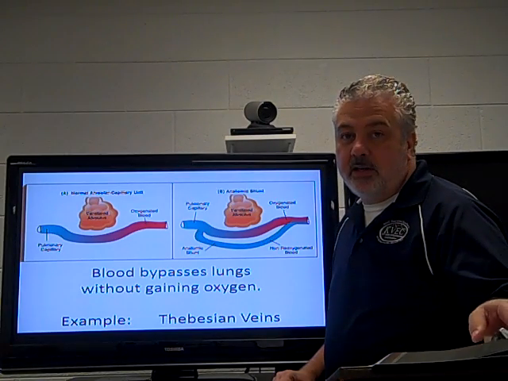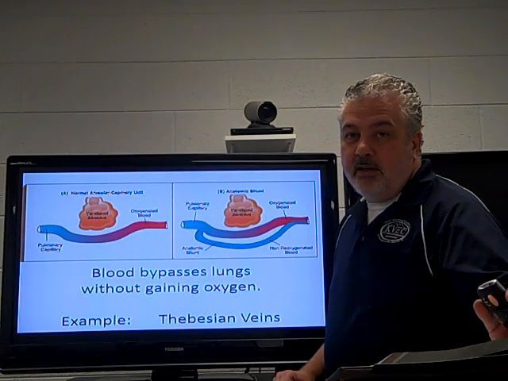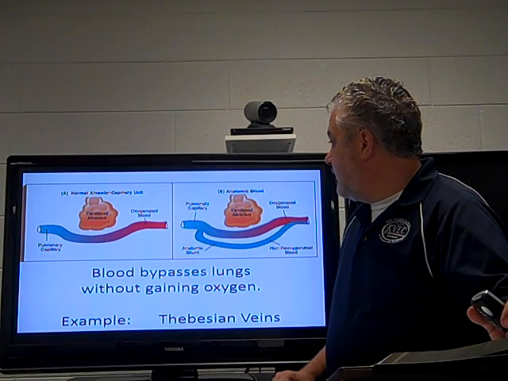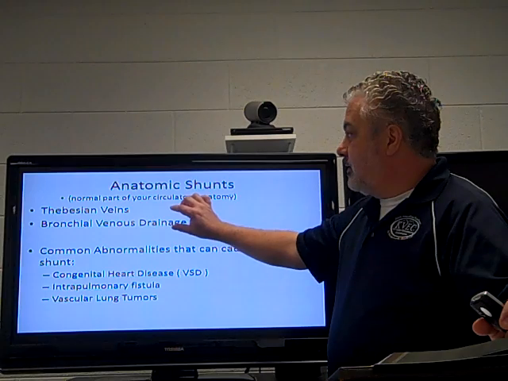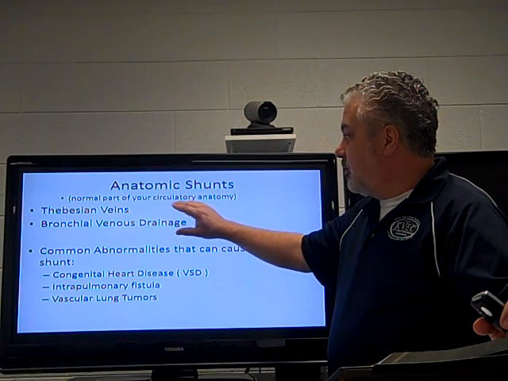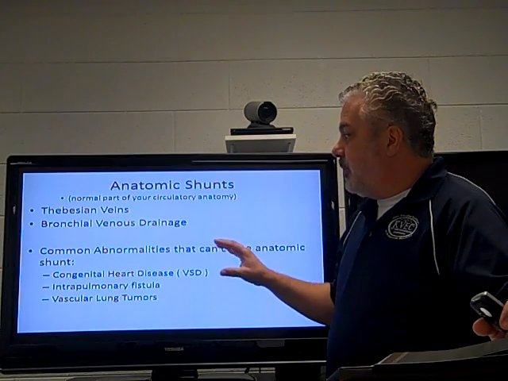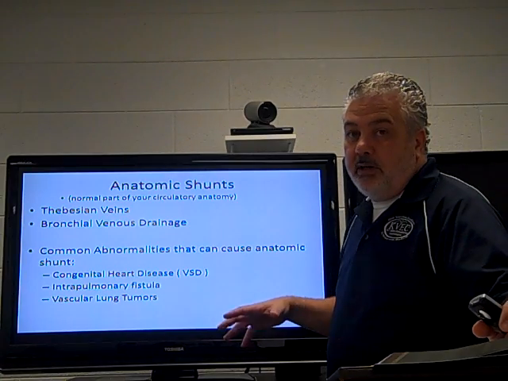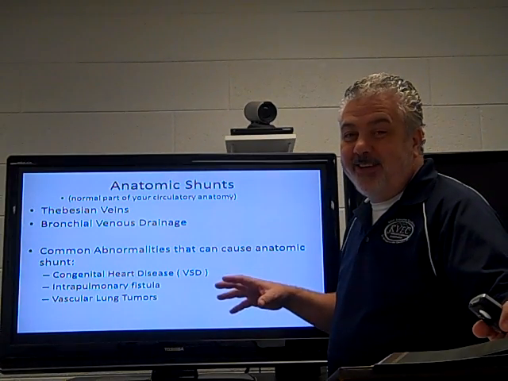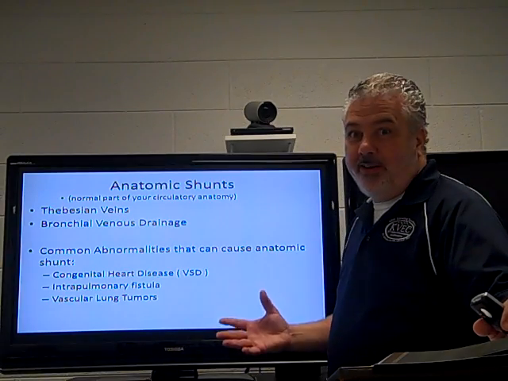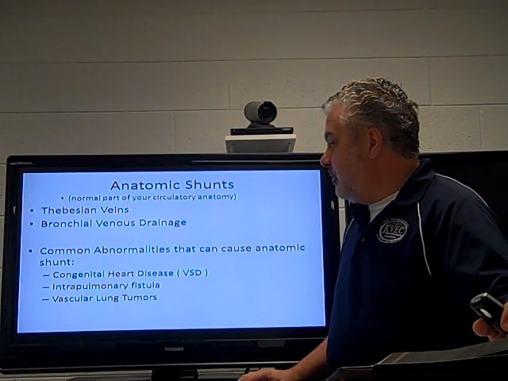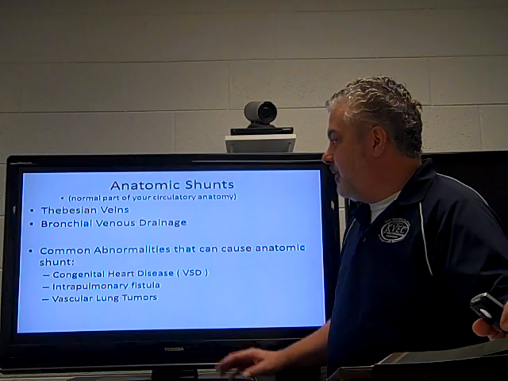So anatomic shunt, if you want to think of it as part of your anatomy, that's a good way to think of it. Now, these are the causes of anatomic shunt that are part of your normal circulation. Can there be abnormalities that contribute to anatomic shunt? Yes, there can be. These are the things that would fall into that category.